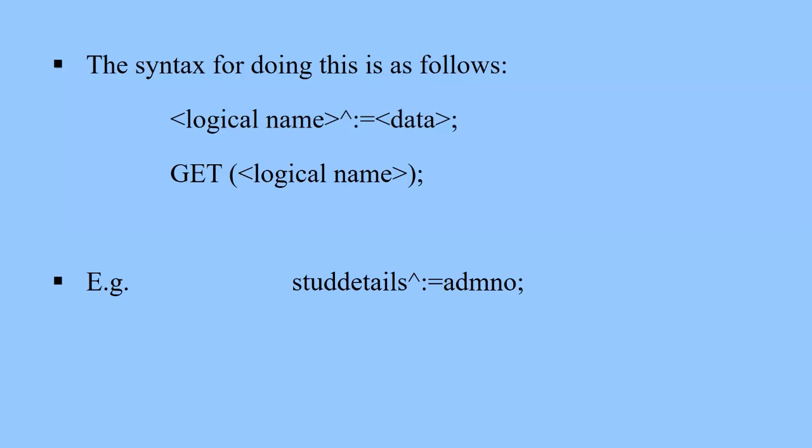In other words, this statement means: pick the memory address for admission number, and assign it to the memory location for our pointer, which is student details.